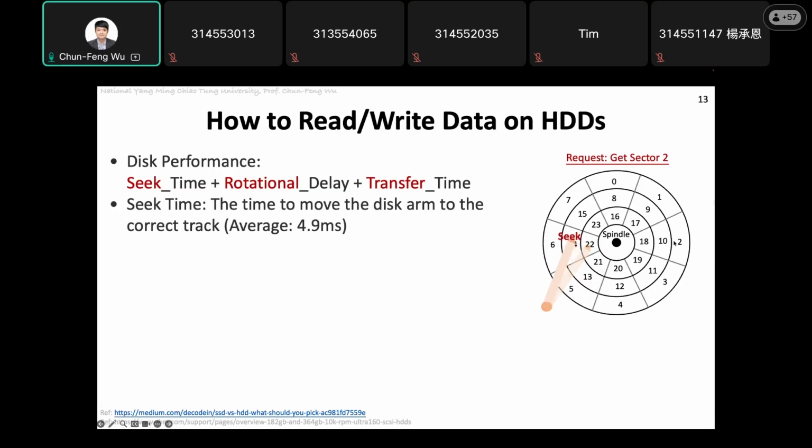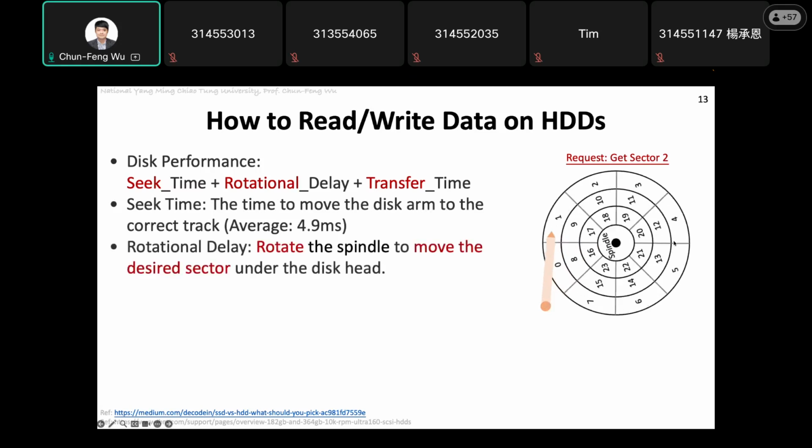This is called seek time. And then, because the plate rotates all the time, the head needs to wait for the plate to rotate to the correct place. Like now, to get to sector 2, we need to wait for it to move half of the circle.